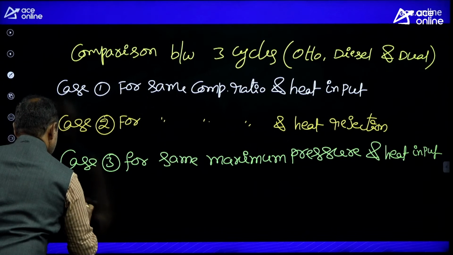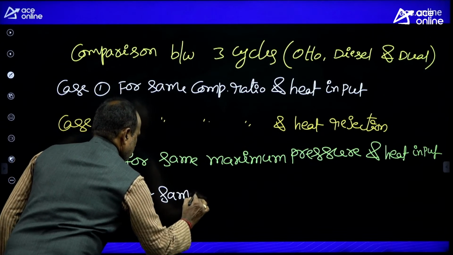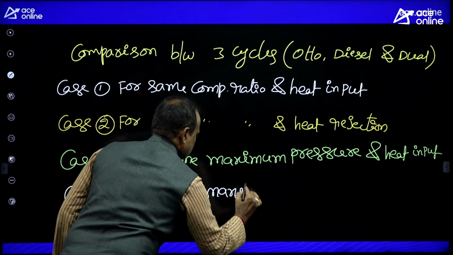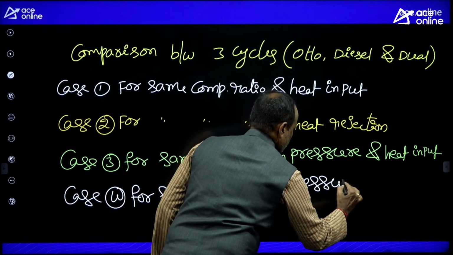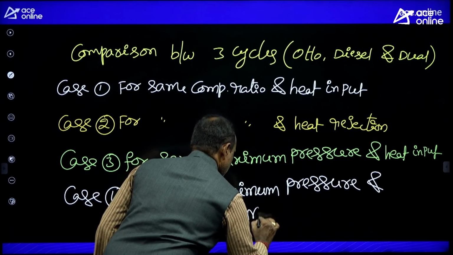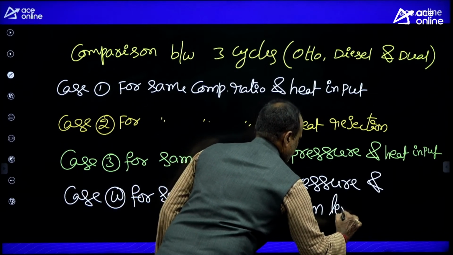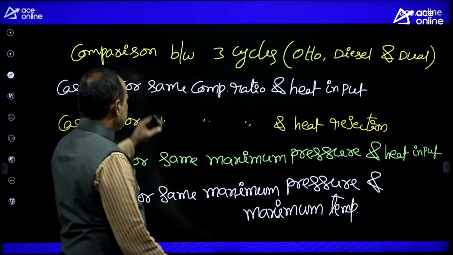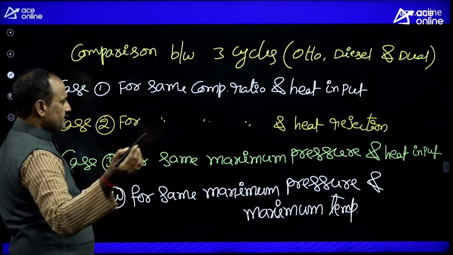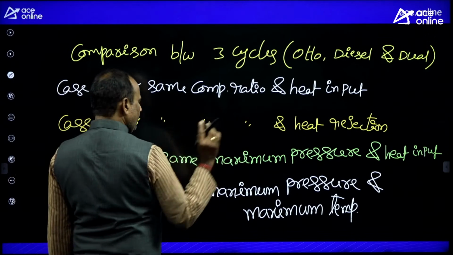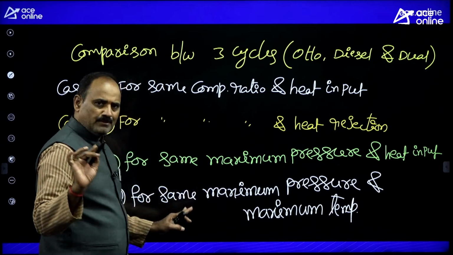Fourth case, case 4 for same maximum pressure and maximum temperature. So this theory is very, very important. Comparison between three cycles, based on the same compression ratio and heat input, same compression ratio and heat rejection, same maximum pressure and heat input, and same maximum pressure and maximum temperature.